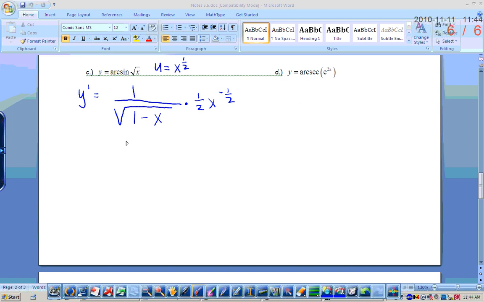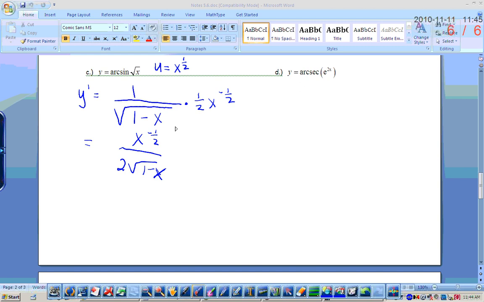No, you don't need to simplify. Probably if I were working this problem, I would write it as x to the negative 1/2 over 2 square root of 1 minus x. And that's the same thing, but really, I'm okay with just that first step.